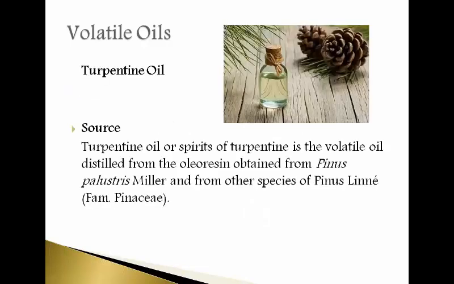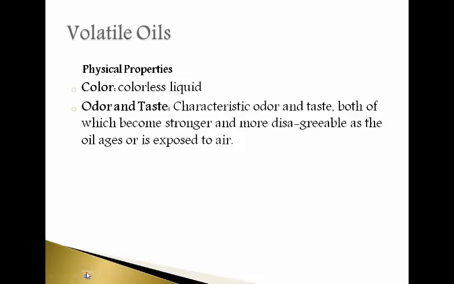Turpentine oil is a volatile oil which is chiefly composed of hydrocarbons, and this oil is obtained from oleoresin of Pinus palustris and also from other species of Pinus pinaceae. If you talk about the physical properties, the oil is colorless and has characteristic odor and taste, which become unpleasant and stronger when exposed to air.